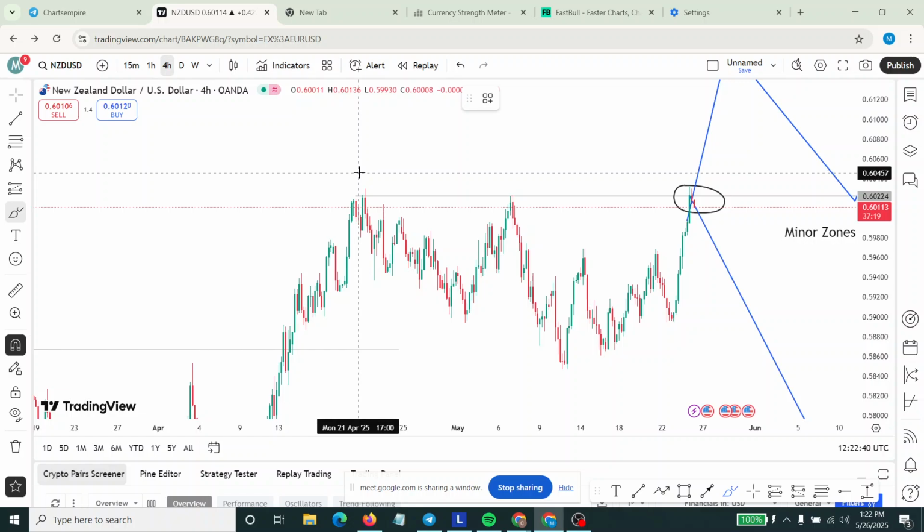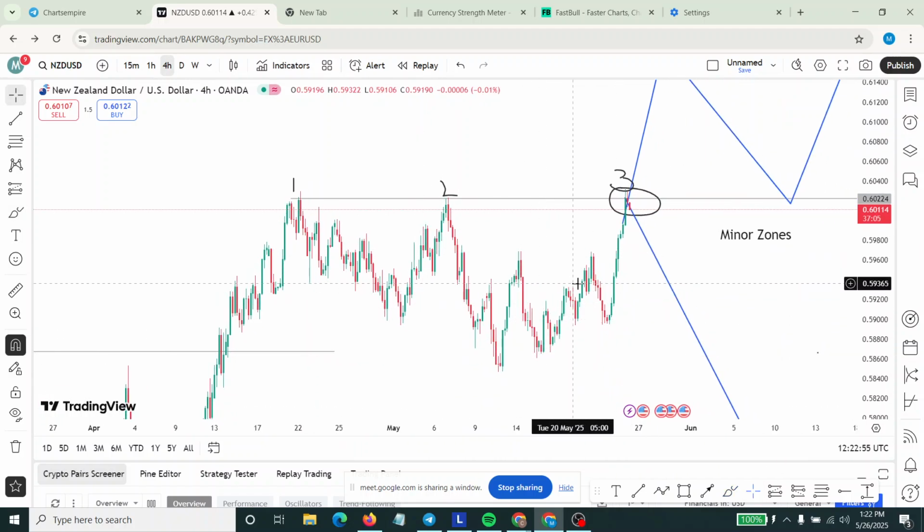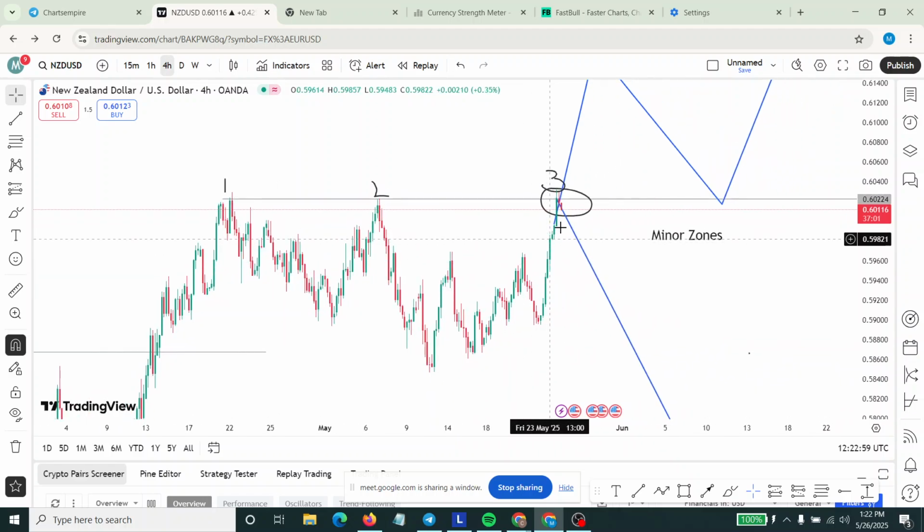We had the first touch here, we had the second touch here, and now we are currently experiencing the third touch. In the last class, I explained that we should be anticipating the market to come, because as at last week the market was around this region. You can see how the market came all the way to give us a third touch.